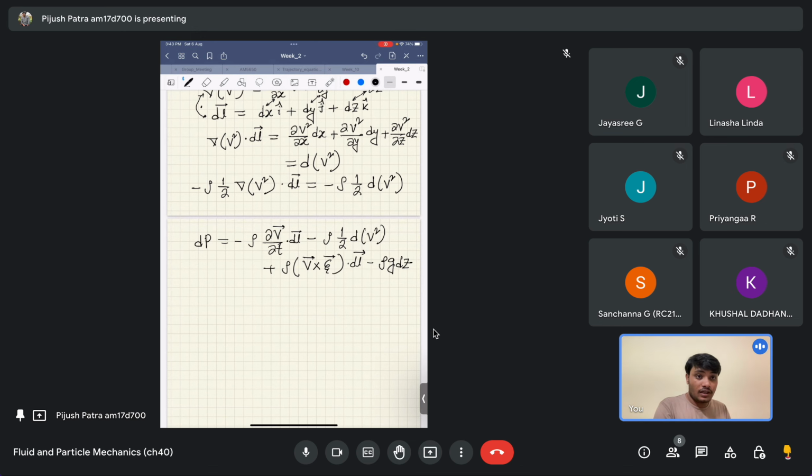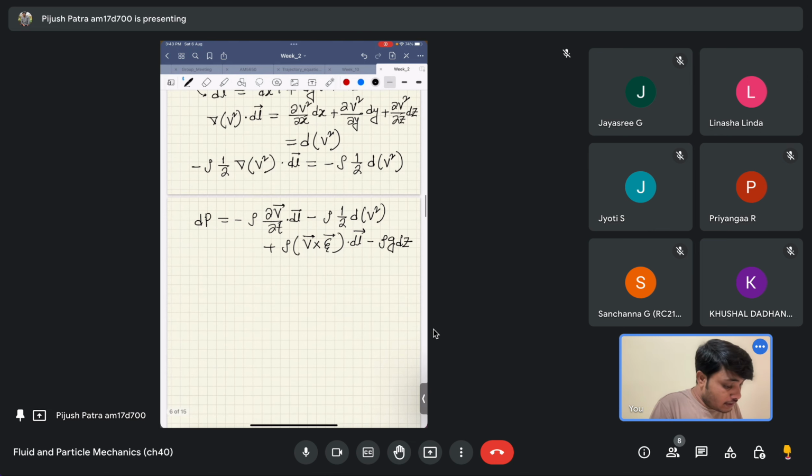I'll go into the details of that simplified form, but before that let me write it in a different way.